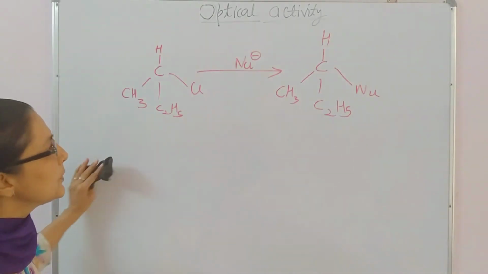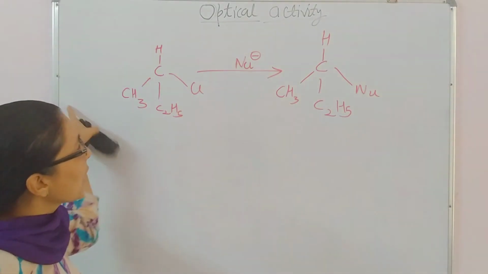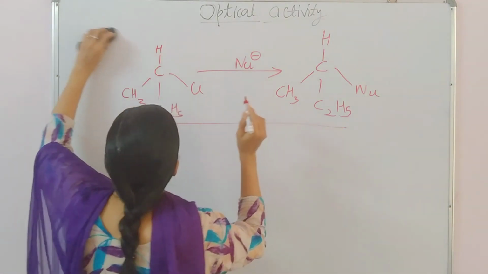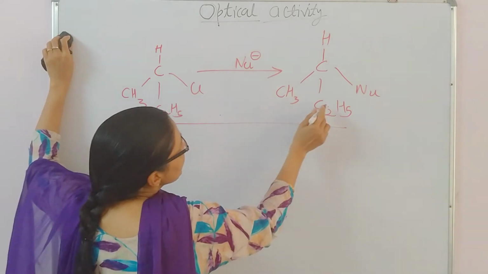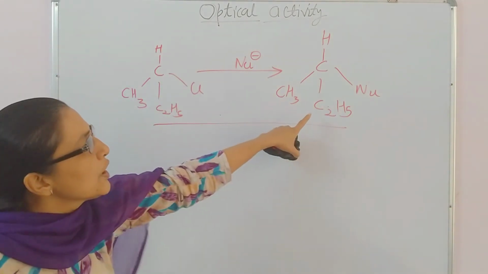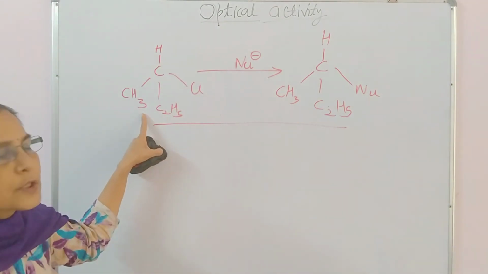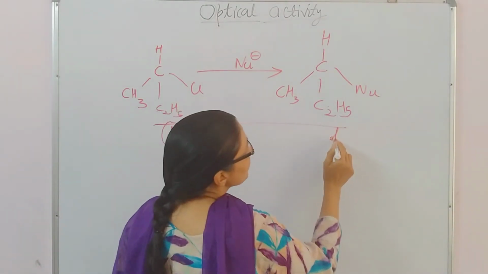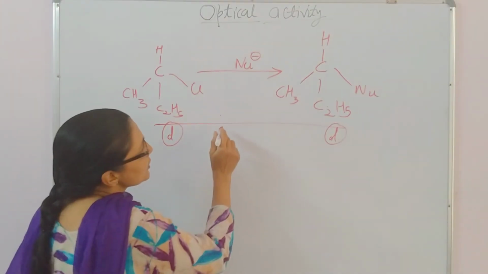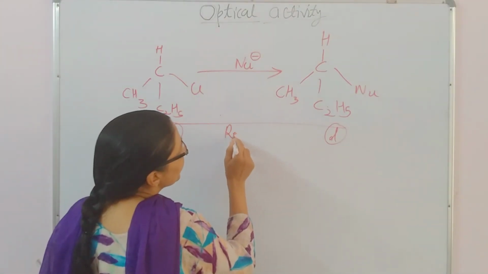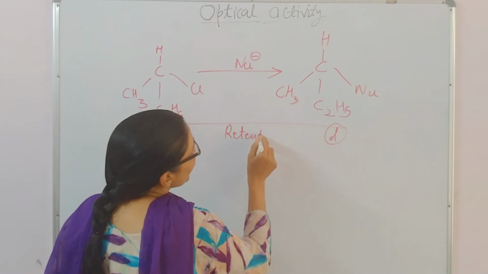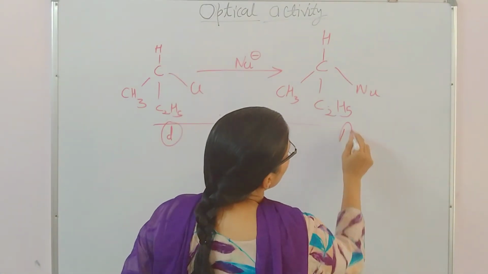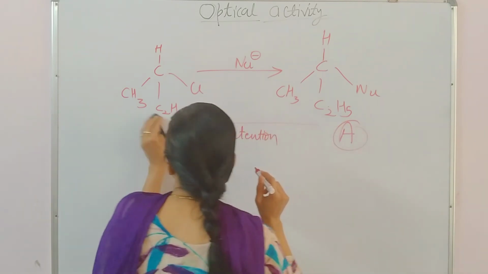It will not happen like that because of backside attack of the nucleophile, but in the process in which we get a compound with the same configuration, configuration meaning, suppose it is dextrorotatory and the product is also dextrorotatory, this process is known as retention. I am depicting compound A, product.